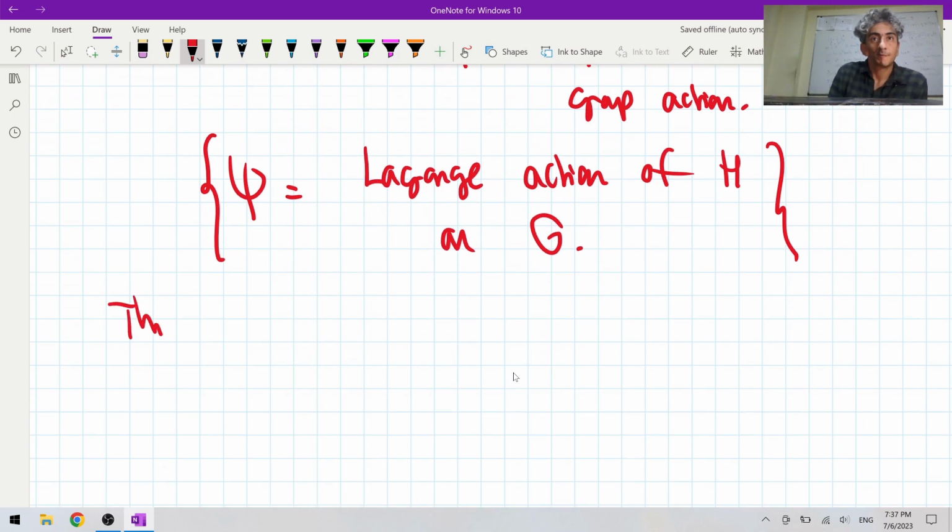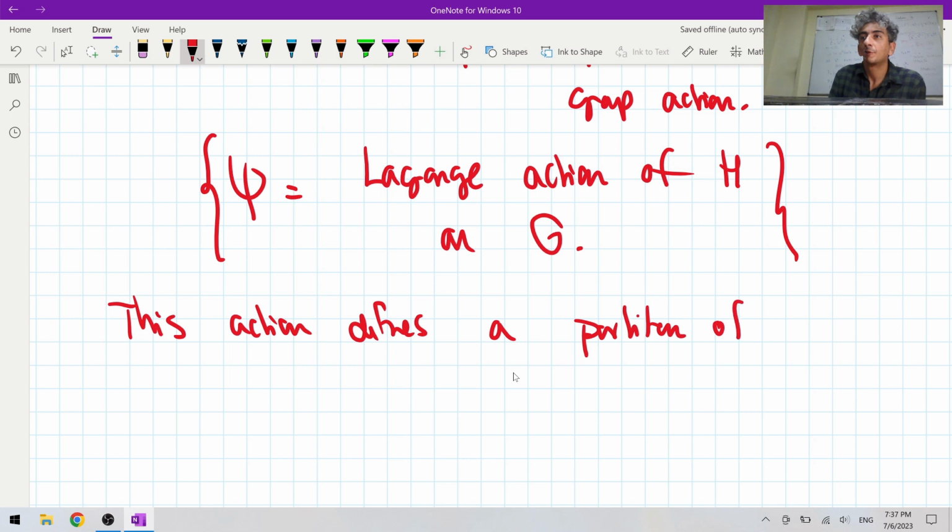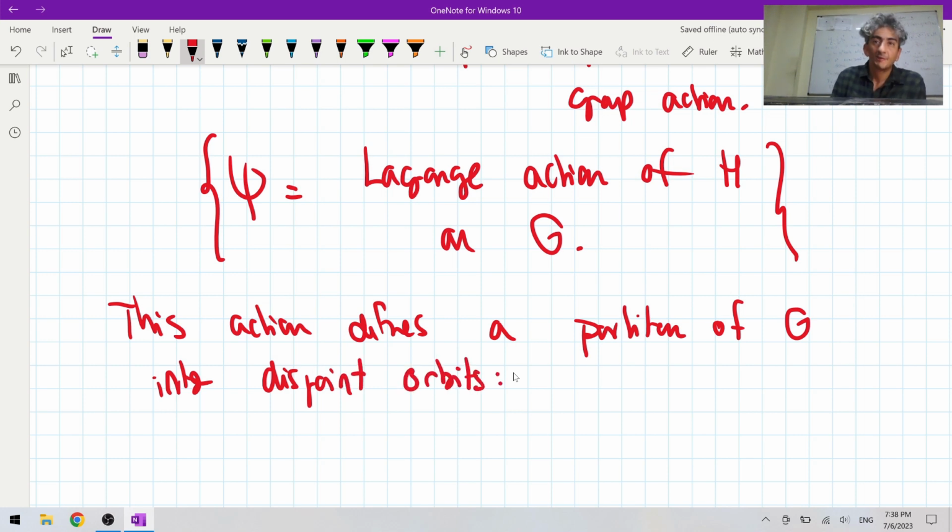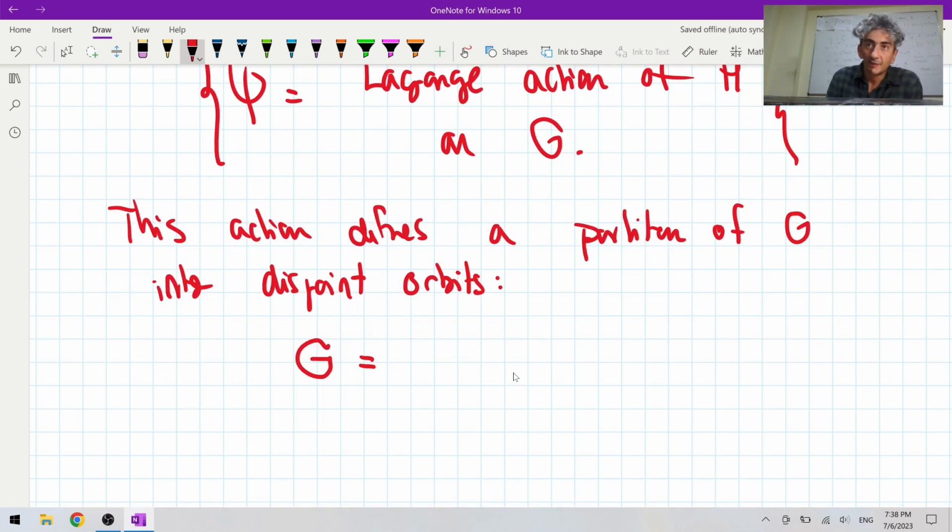This action defines a partition of G into disjoint equivalence classes, disjoint orbits. That means that G can be thought of as the union of finitely many classes.